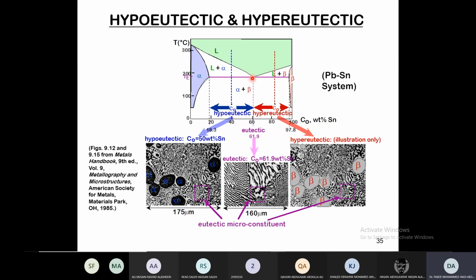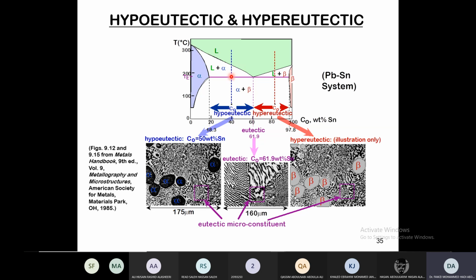So whatever microstructure is formed for a composition less than the eutectic composition, we call that hypoeutectic. In the hypoeutectic, as we are cooling it down, we have the alpha prime developing, which is more or less a circular microstructure.